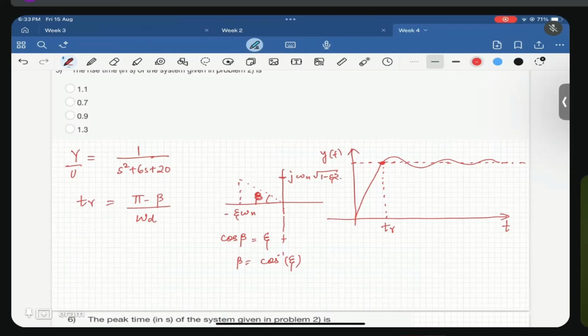Give me a moment. Let me disconnect and I will connect. Give me 1 to 2 minutes.